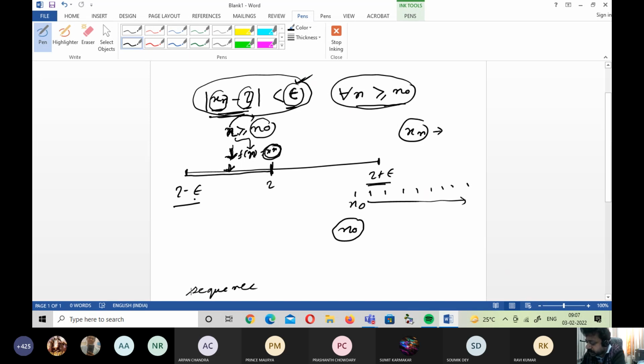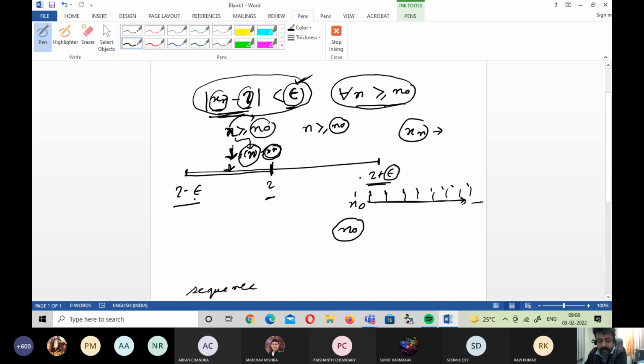Then obviously the value of n is greater than or equal to n0. n0 is some fixed value on this line, so n0 plus 1, n0 plus 2, n0 plus 3, any value up to infinity, this will always be true. This means f of n tends to this limit L. Okay, is it clear? Sir, is epsilon also a constant value? Yes, epsilon is a small constant.